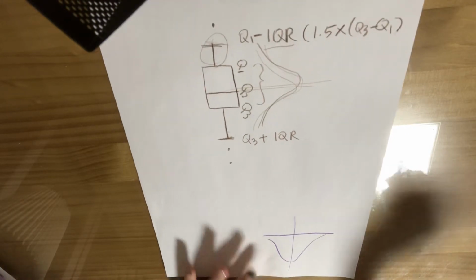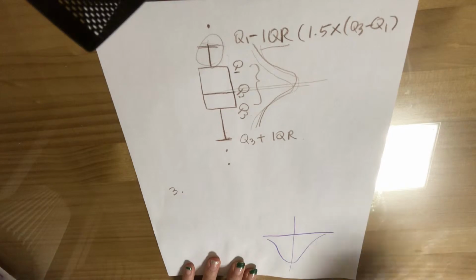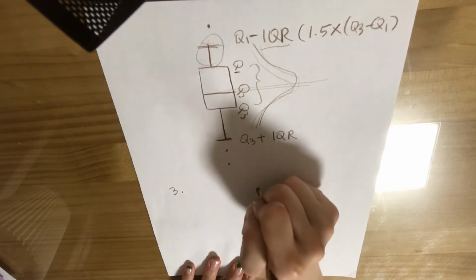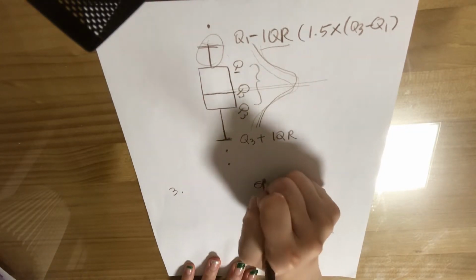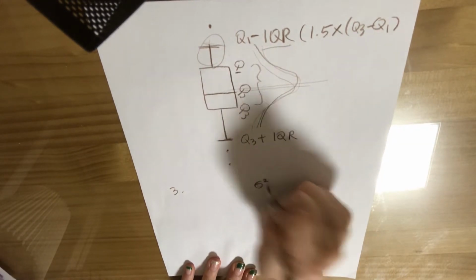And the third concept that we're going to talk about is variance. Variance, we write like this, a little cute circle with the 2 on it.